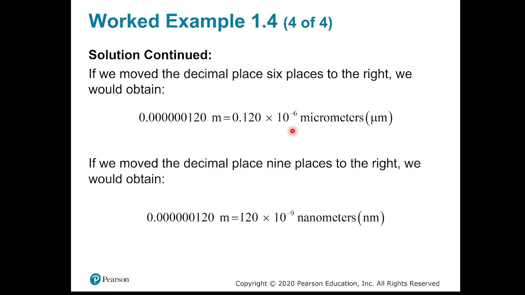And so that goes to 1, right? And so that's where you get the 0.120 micrometers. Or 10 to the negative 1. Did that make sense? Yeah.